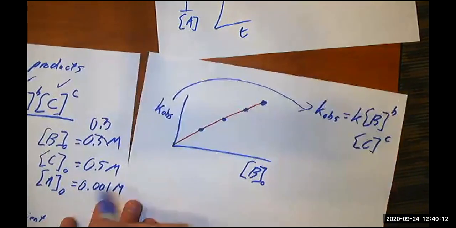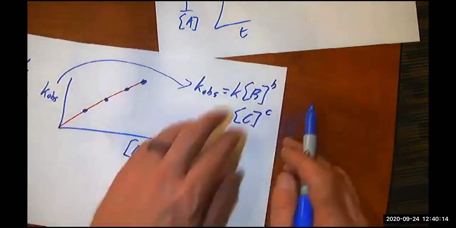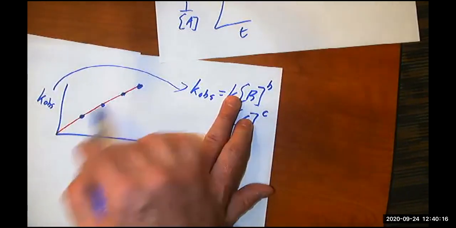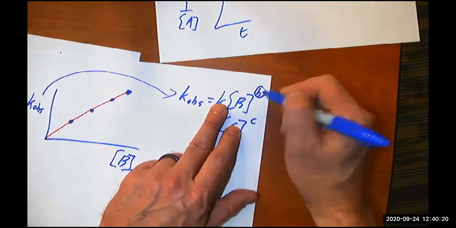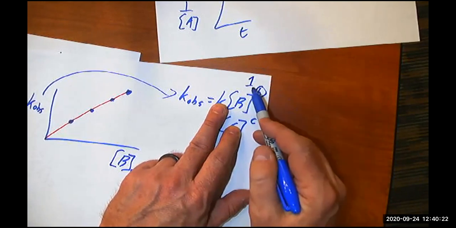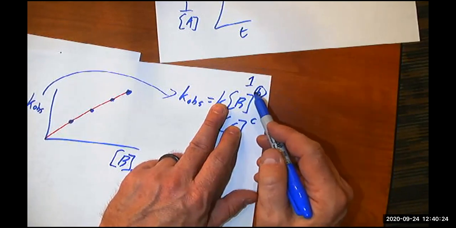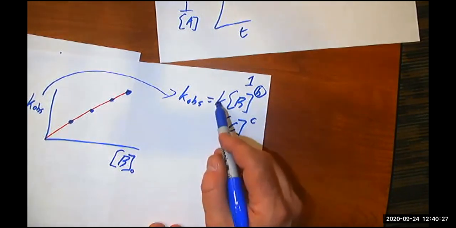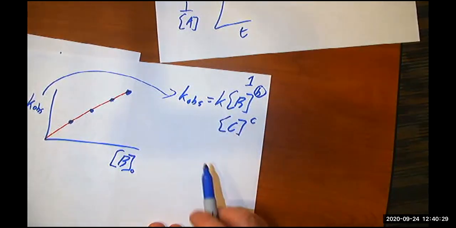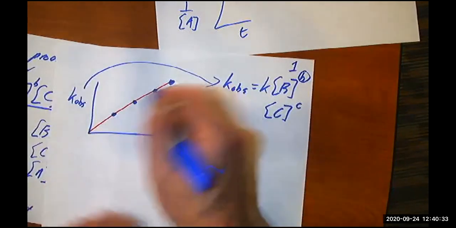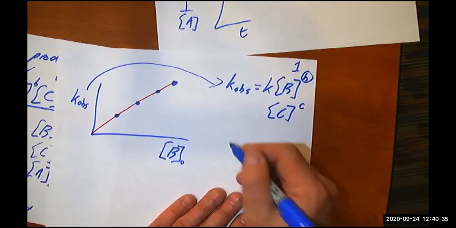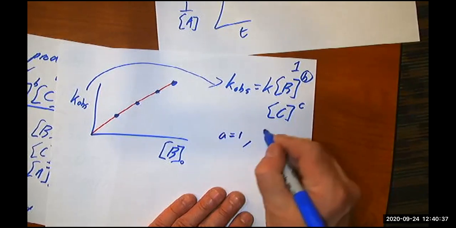We're leaving C at the same value. So those are constants. And if we get a straight line, then that means that B has to be 1 because it's a linear equation, and the slope is K times this, but we don't even need that piece of information. So now, having done this experiment, we now know A equals 1 and B equals 1.